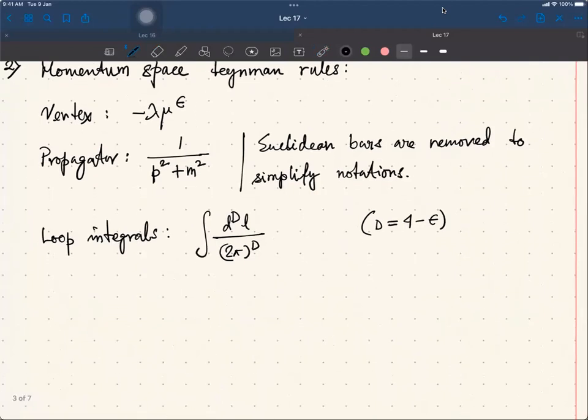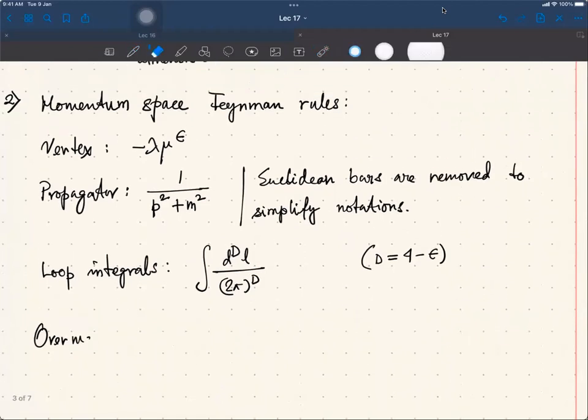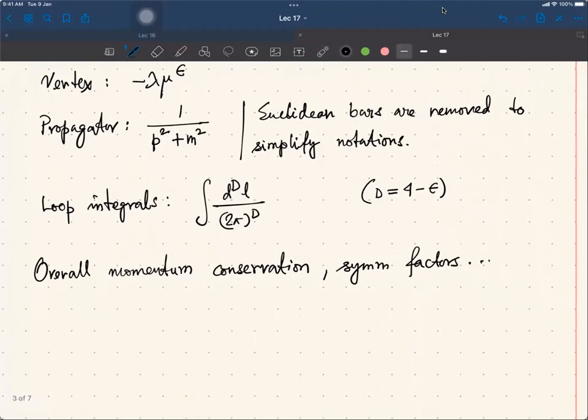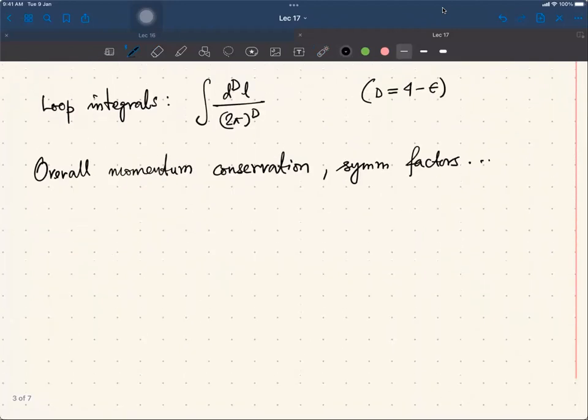And then the other parts like overall momentum conservation, symmetry factors, and things like that remain the same as usual.